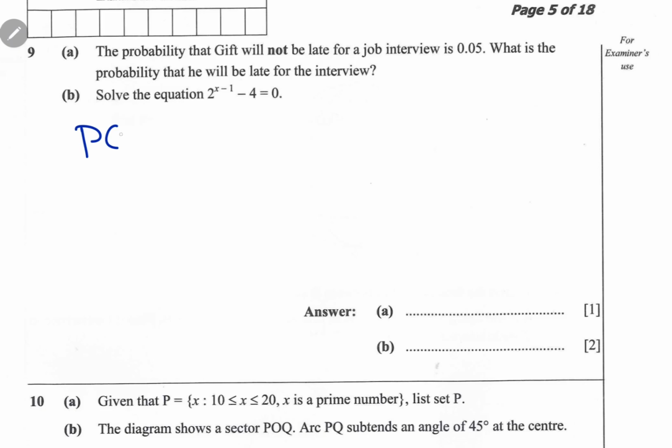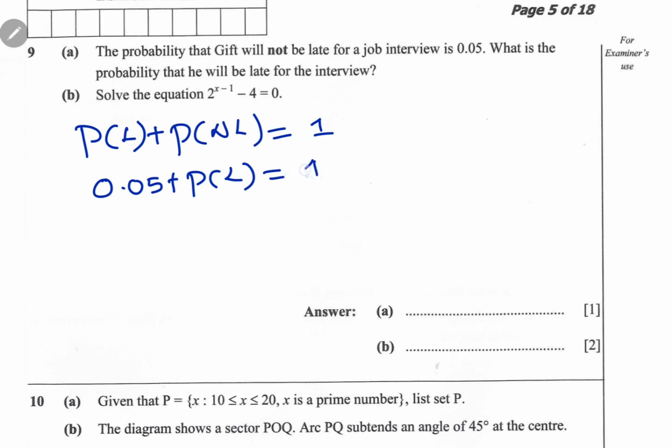So probability of Gift being late, let me say not. Let me start with late for interview plus probability of not late should equal to 1. Probability is always equal to 1. So since we are given the probability of Gift will not be late, we can say 0.05 plus probability of late is equals to 1.